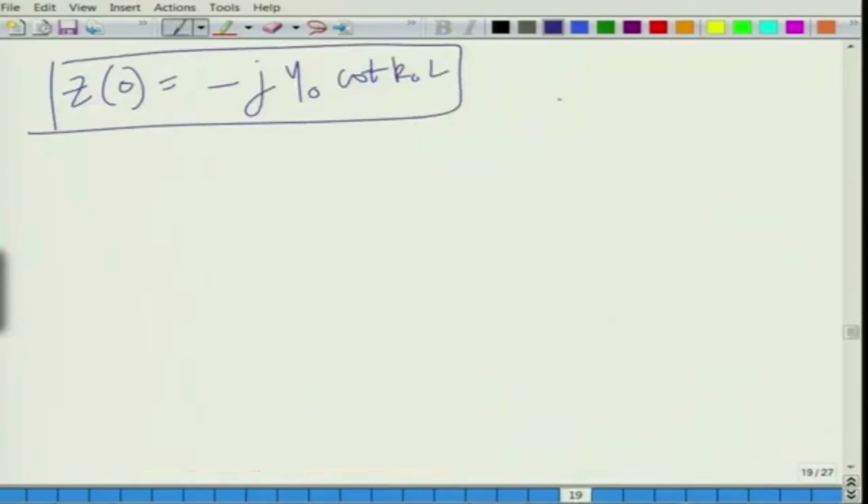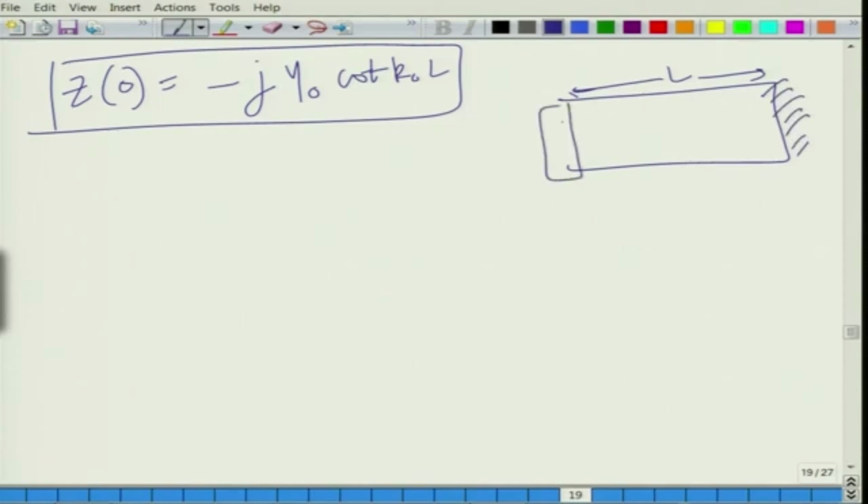So, for a closed cavity of length L, and we are doing piston excitation here back and forth, at this point we are going to get Z naught pretty much given by this expression. So, we can draw a lot of conclusions out of it.